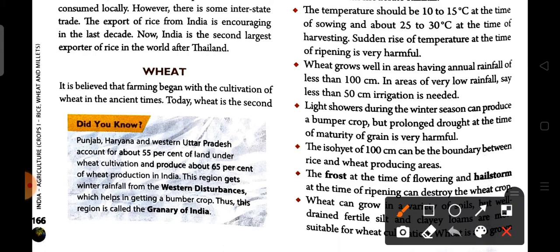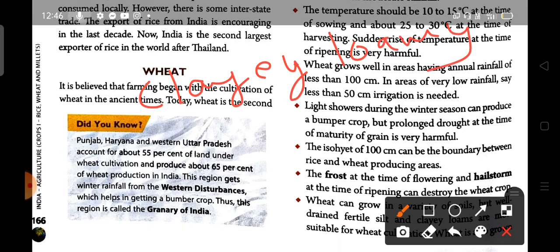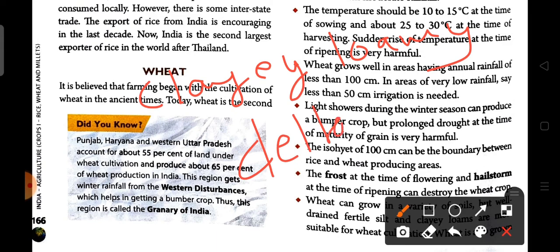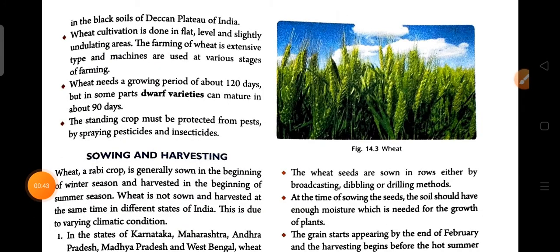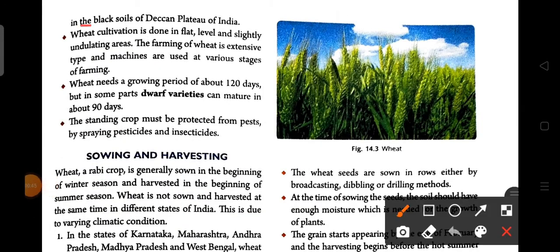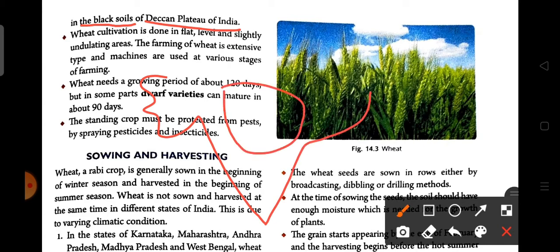Wheat is also grown in black soil. The black soil is mainly found in the Deccan Plateau. Where is the Deccan Plateau? Here this is India and here is the Deccan Plateau.